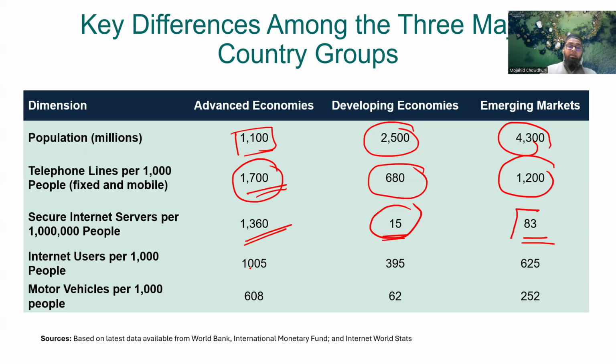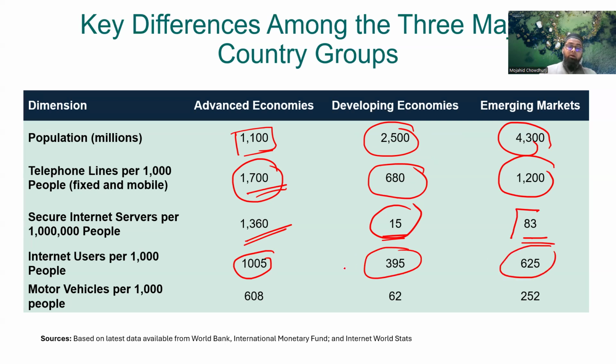Internet users per 1000 people is more than 1000, because some people are using extra for their business and personal purposes. Then in the developing economies, 3,995, and in the emerging markets it is 625.